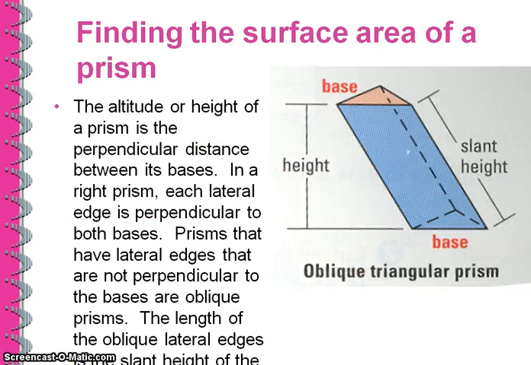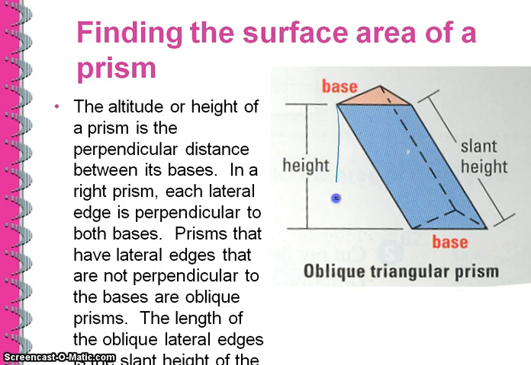All right, so if we're trying to find the surface area of a prism, one thing you have to know about is the altitude or height of a prism, and it's really the perpendicular distance between its bases. Now, in a right prism, which is mostly what we will be finding surface area of, each lateral edge is perpendicular to both bases. So the height is the slant height.